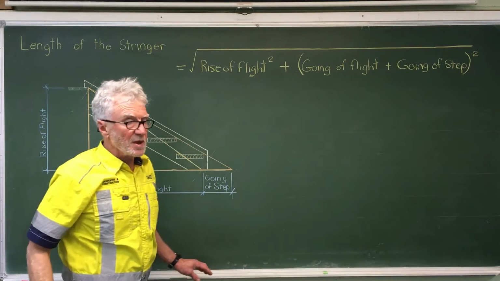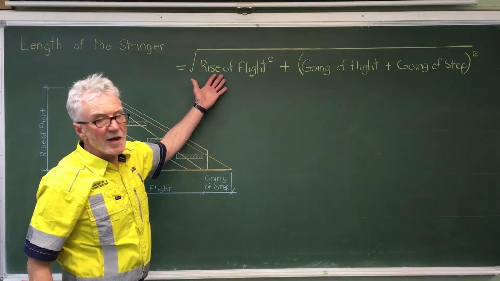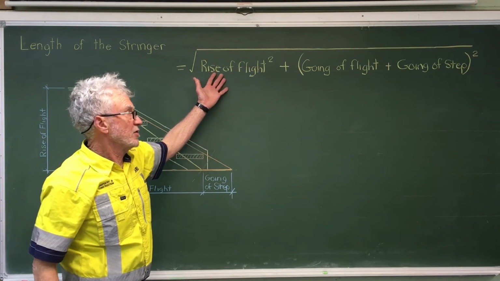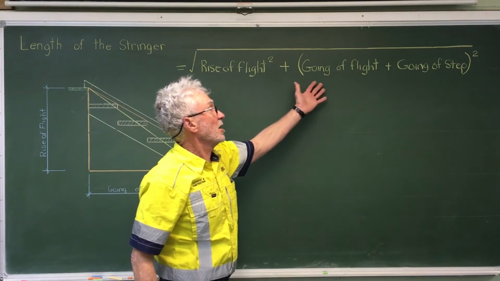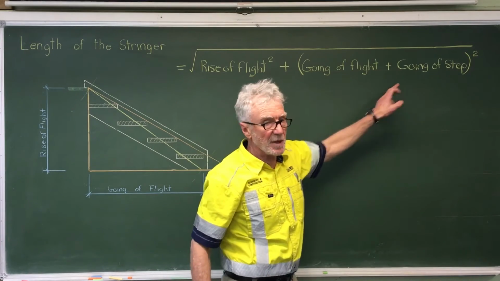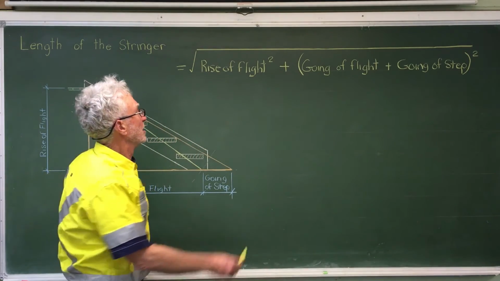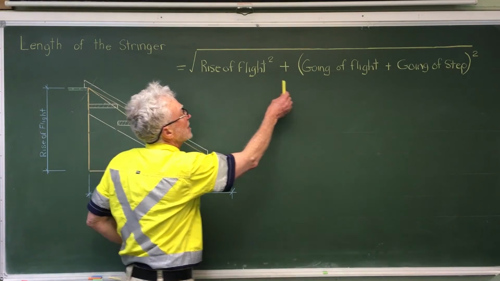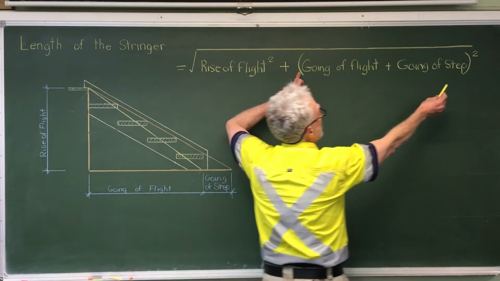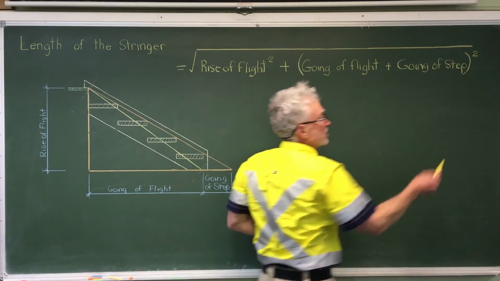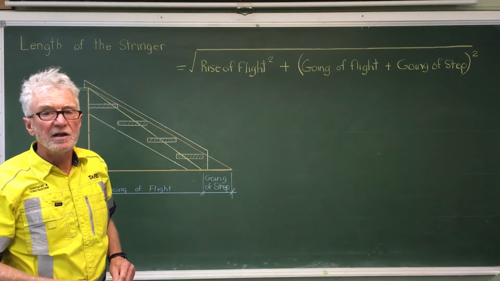To use the formula, we've obviously got to have the right figures for the rise of flight, going of flight, and going of step. But you also have to get the brackets right inside the square root. Rise of flight squared. This part has to be bracketed with the square root sign outside.